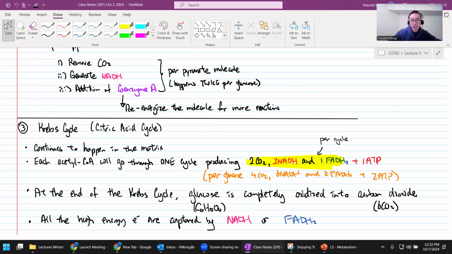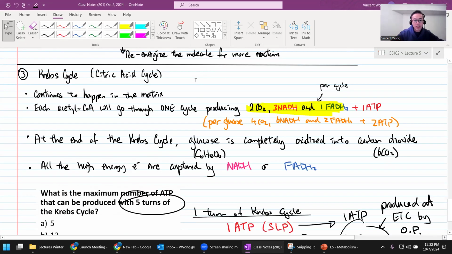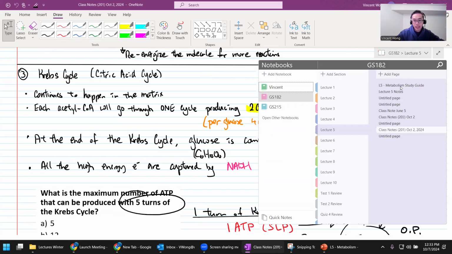What's important to note is that at each of those stages, we actually produce some ATP, not a lot, just 4 net ATP in total, and we were continuously removing high energy electrons from the glucose. All these electrons are going to be captured by energy carriers such as NADH and FADH2, and we're going to be taking them to the ETC to produce energy.